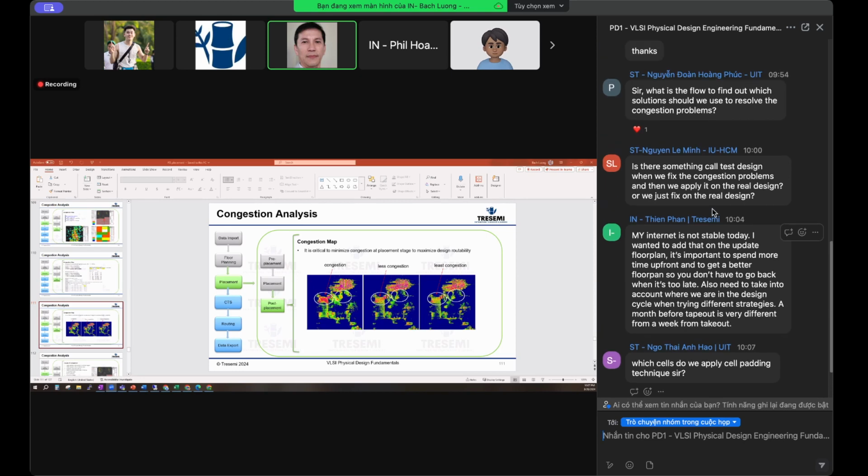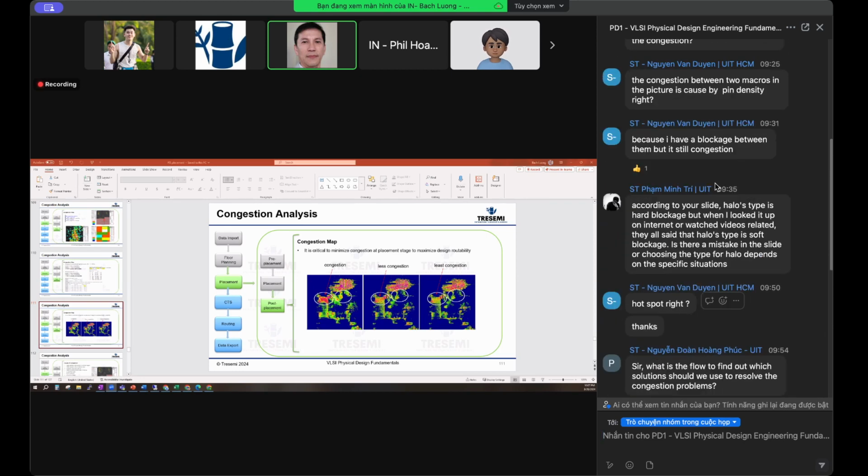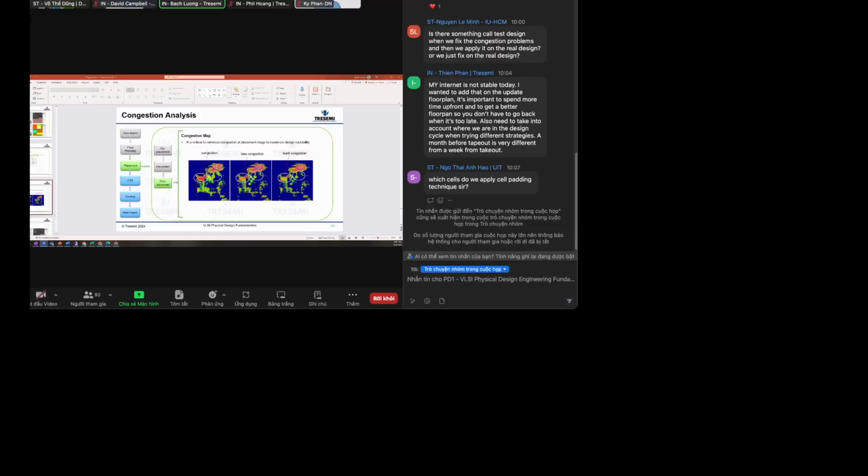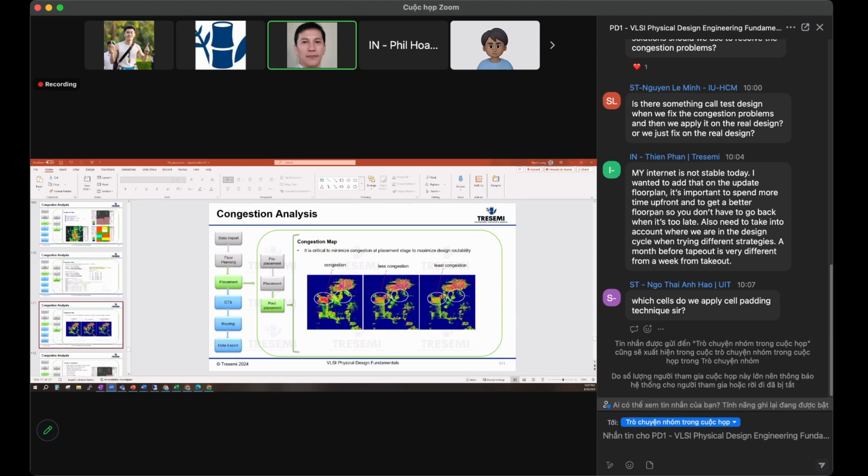For example, if you go from 3 nanometer to 2 nanometer, we want to do a test chip, a test design. But for a real design, you're just going to solve the real issues that design has, because congestion varies from design to design, from floor plan to floor plan. So you just have to fix the congestion that you see in your real design.